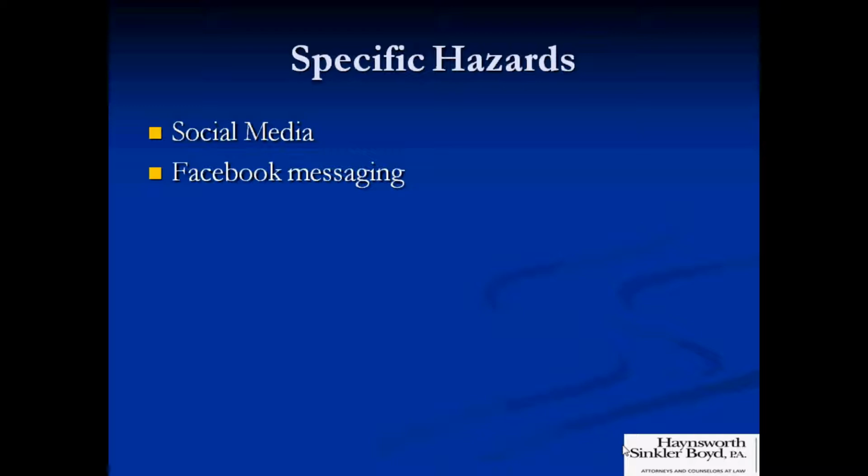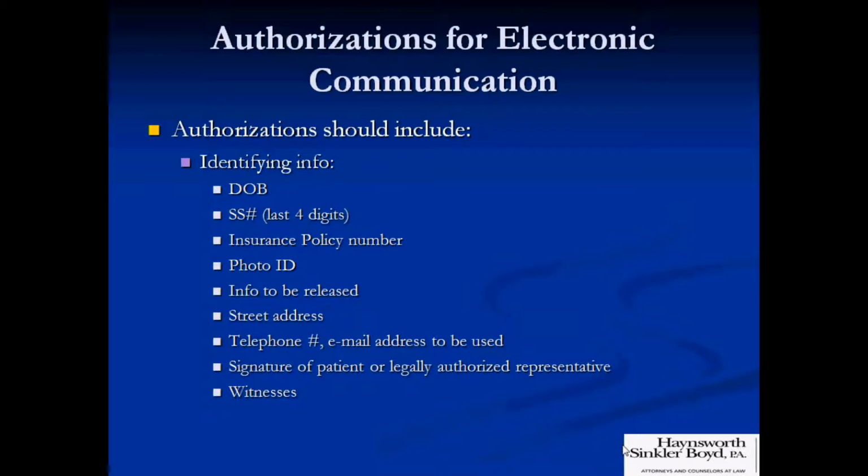Okay, this is my ideas for how to do an authorization form, and these are things you ought to try to get: some kind of identifying information, like date of birth, social security number, at least the last 4 digits of it, what their insurance policy number is, a photo ID, what info specifically they want released, what their street address is, telephone, email address, and their signature.